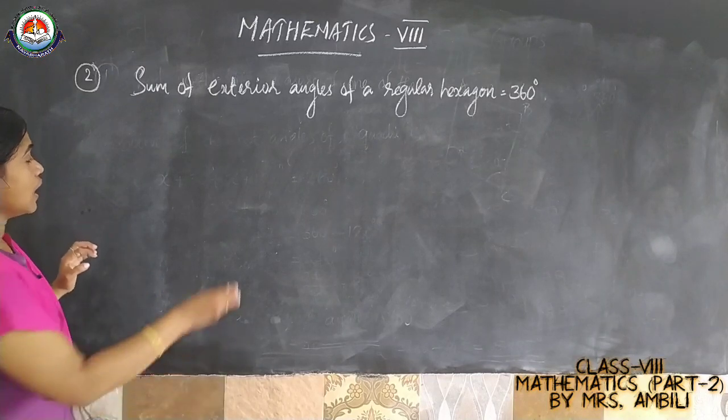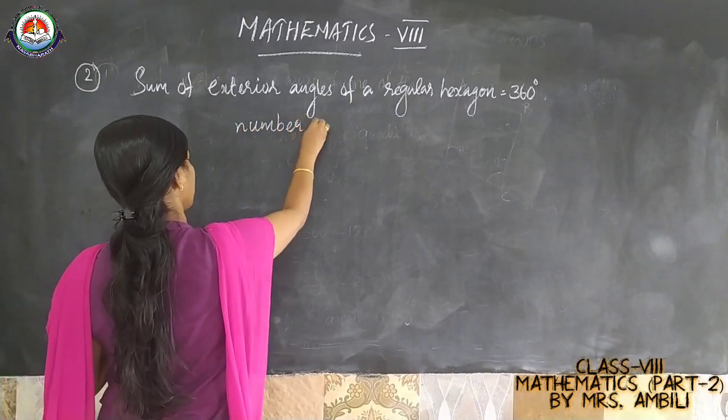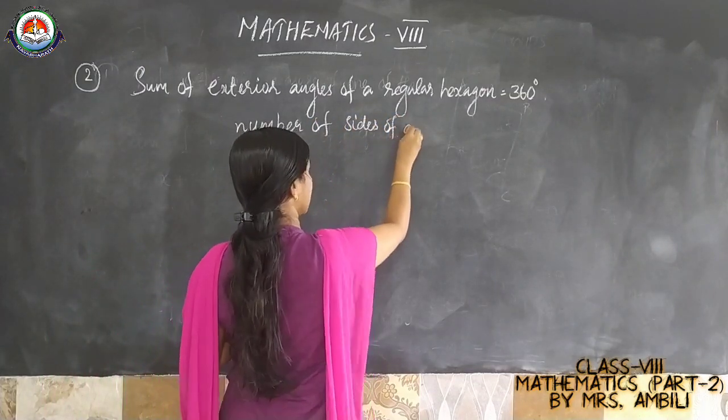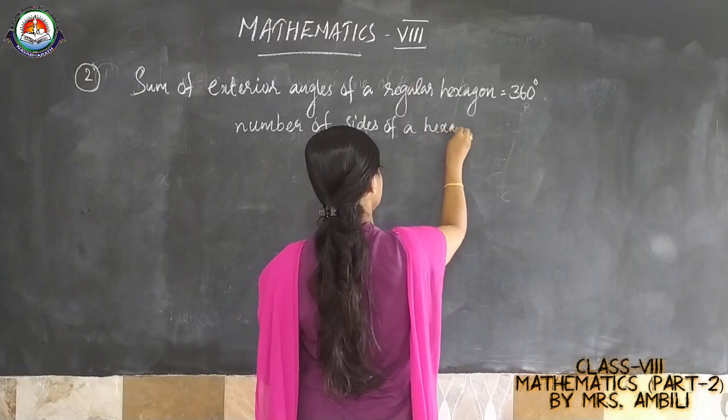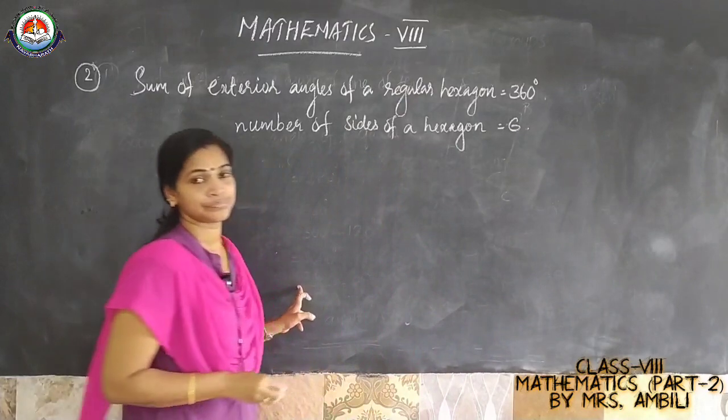So the number of sides of a hexagon is equal to 6.